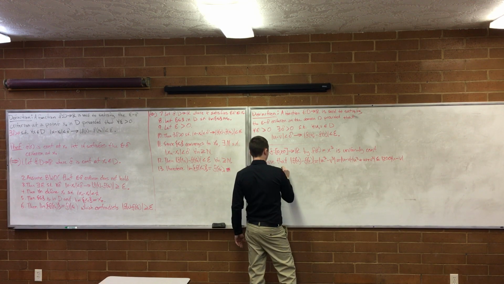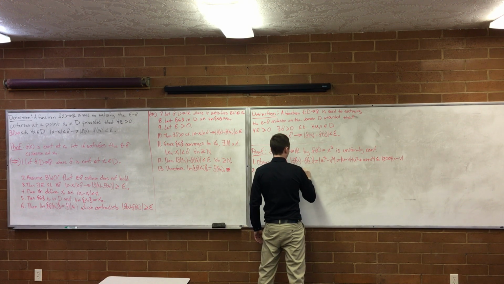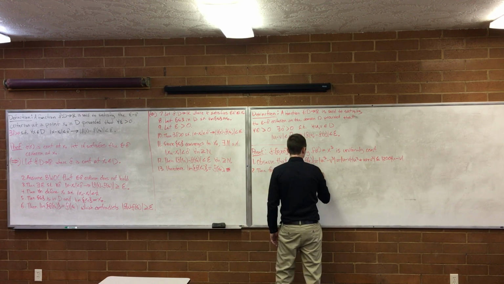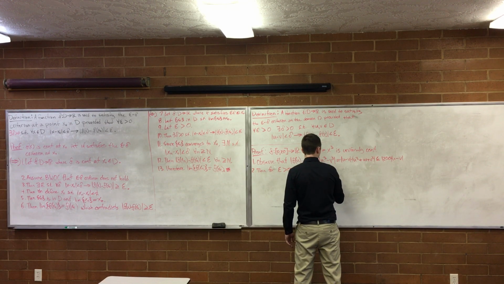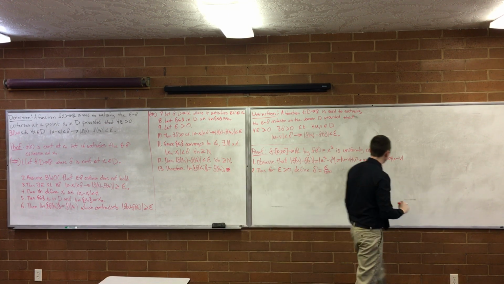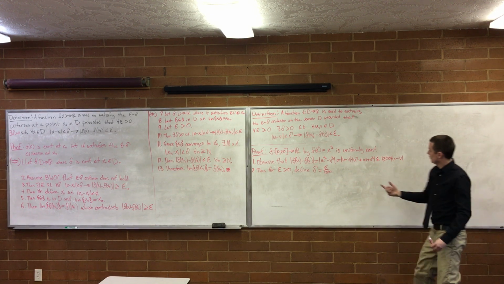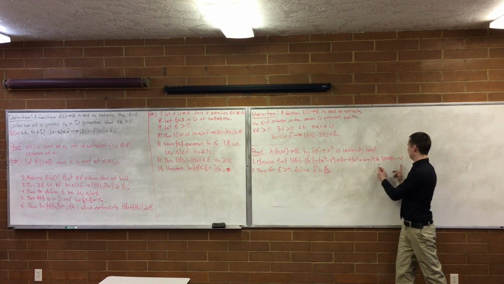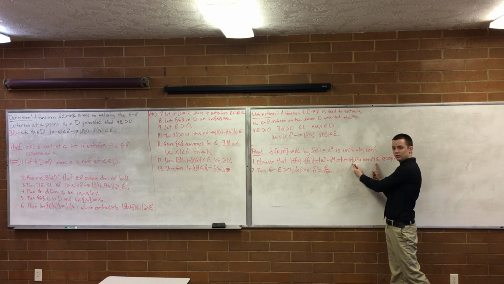For any epsilon greater than 0, define delta equal to epsilon over 1200. What is the 1200 from? This is always less than or equal to this, because the biggest this thing can be is 1200.